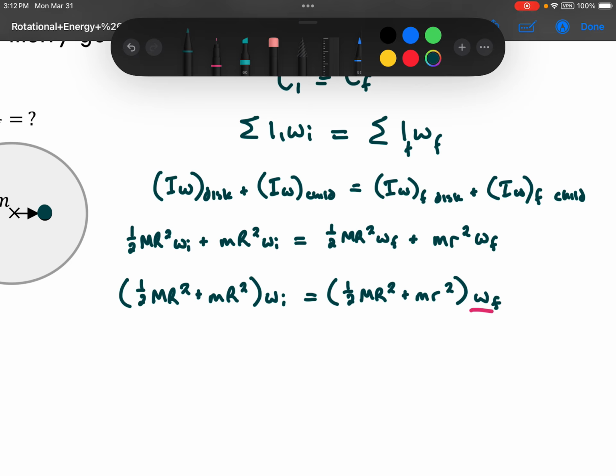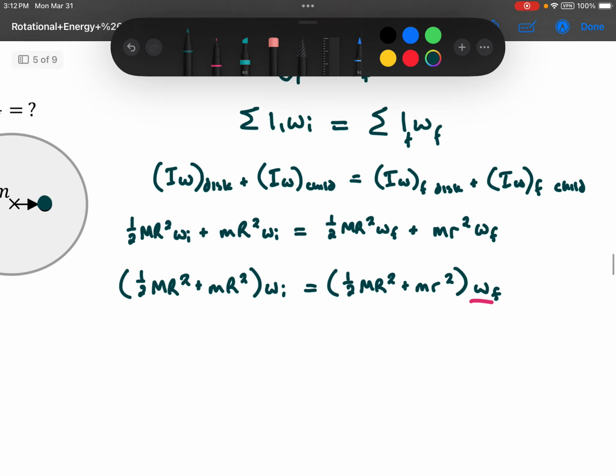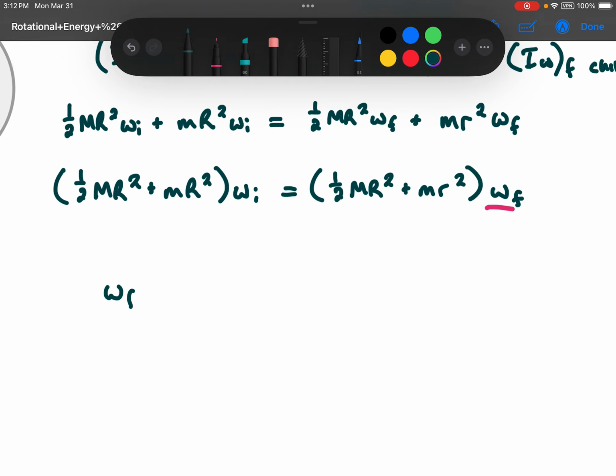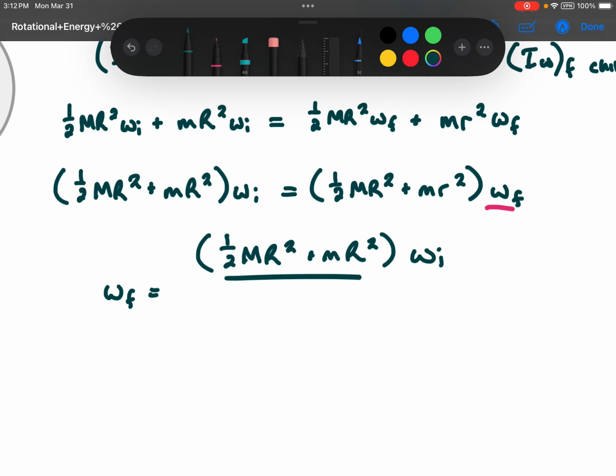I'm going to write it all out in terms of the variables one more time, and then we'll put in some numbers. With our rearranging, the final angular velocity is 1/2 big M big R squared plus little m big R squared, times omega I, divided by 1/2 big M big R squared plus little m little r squared. That would be essentially our answer in variable form.